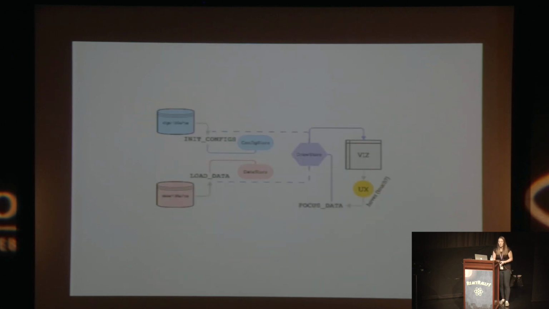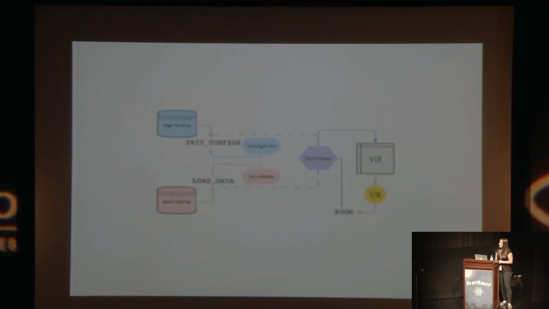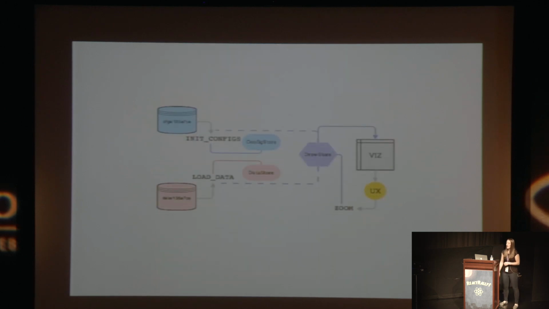A lot of other actions are going to be really similar to this move location, with only the draw store reacting to the dispatch. So for example, focus data for the tooltips, for focusing on something. Again, that's just going to be something that the draw store is concerned with. And another example might be a zoom action. The default in our 24-hour daily view of the timeline is 24 hours.